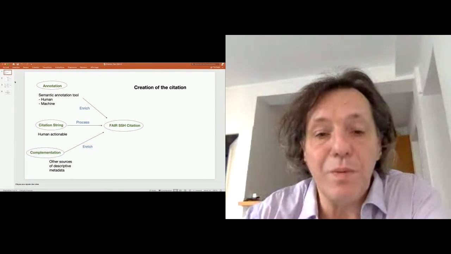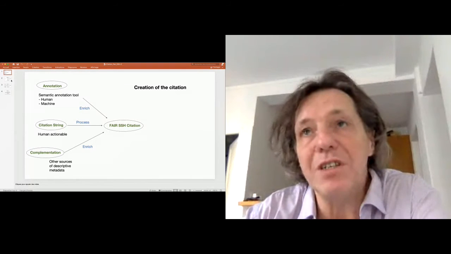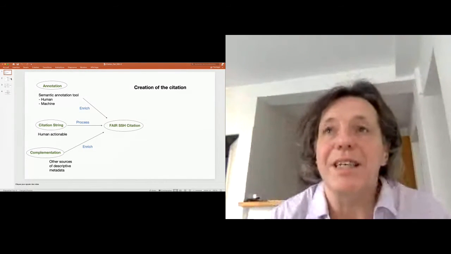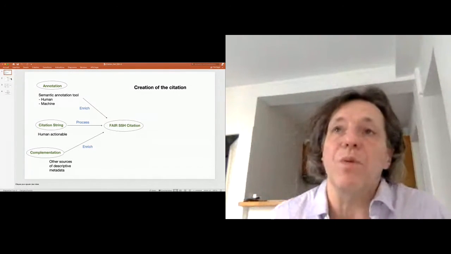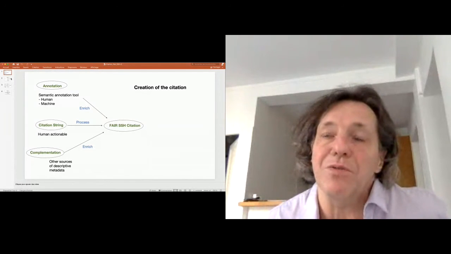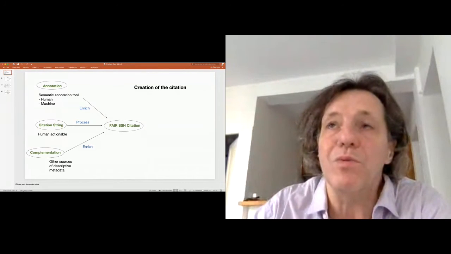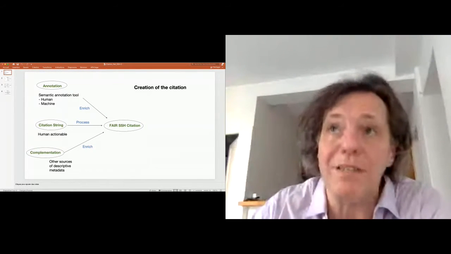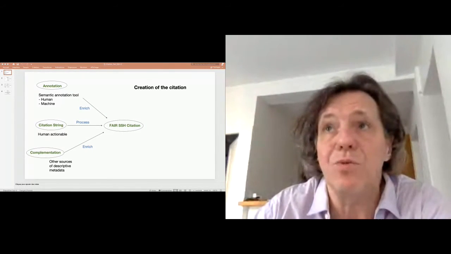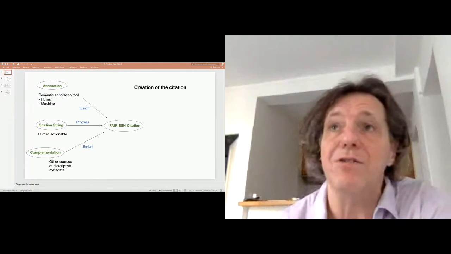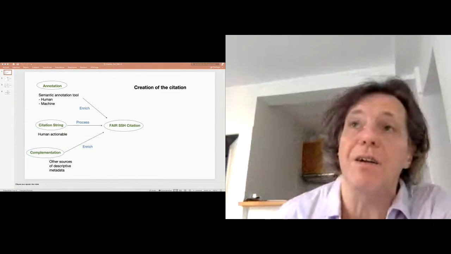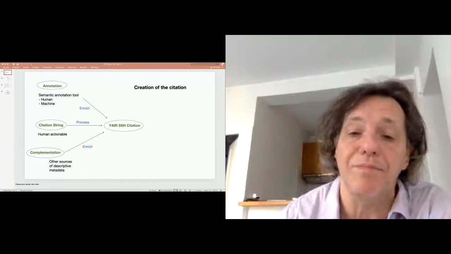And also we want to enrich it with a semantic annotation tool. That means that we want to make people able to correct metadata if they are not correct, and to enhance, enrich and add additional metadata.